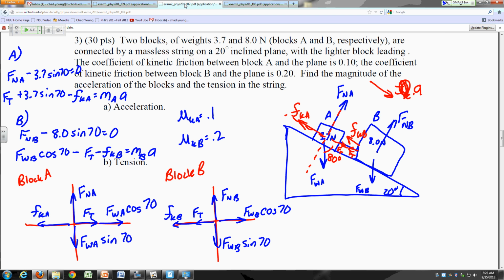All right, I'll post this online, but let me just write out in words what you do next. So for your next steps, you should try this on your own. If this was a 30-point problem and you got to this part, is it 3.7 times 9.8?